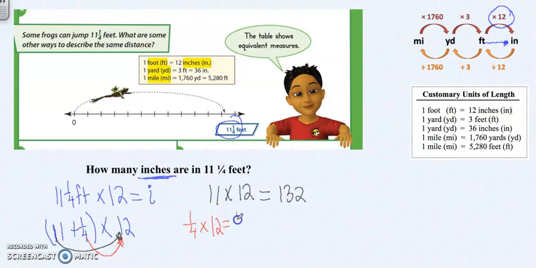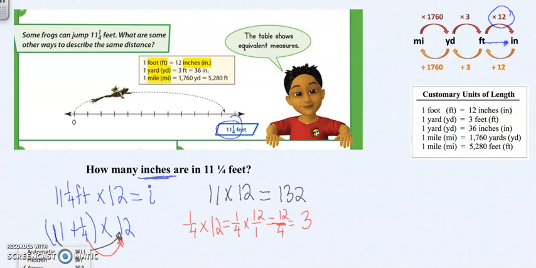That's the same as 1/4 times 12 over 1. I remember that as 1 times 12 over 4 times 1. 12 over 4 is the same as 12 divided by 4. That equals 3. 1/4 of 12 is 3.